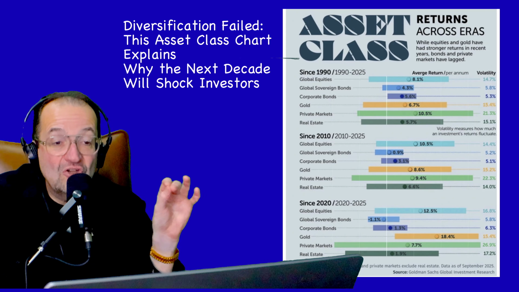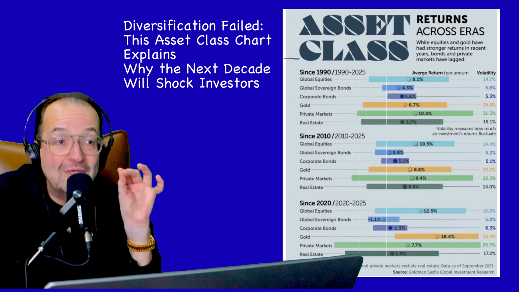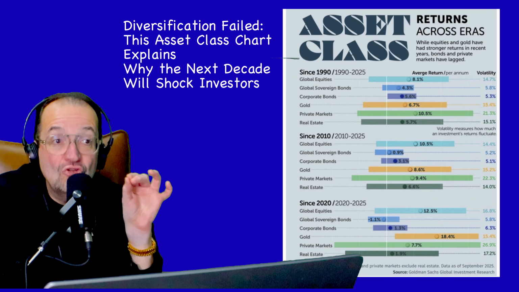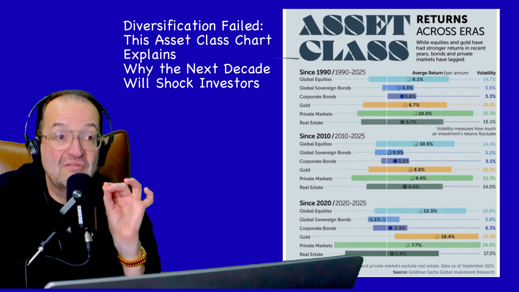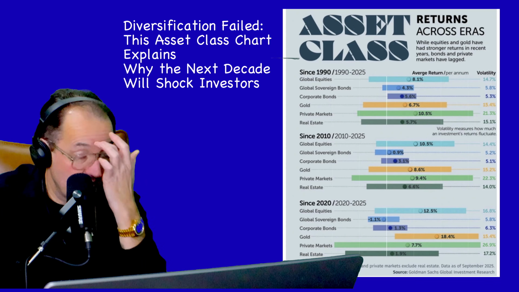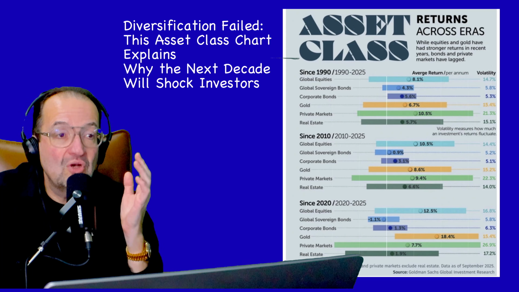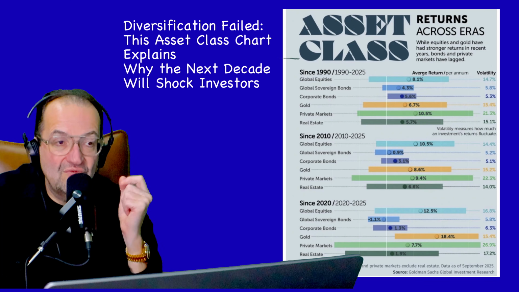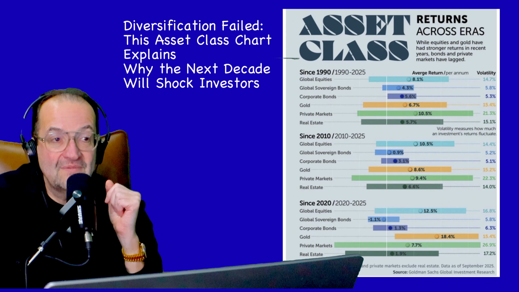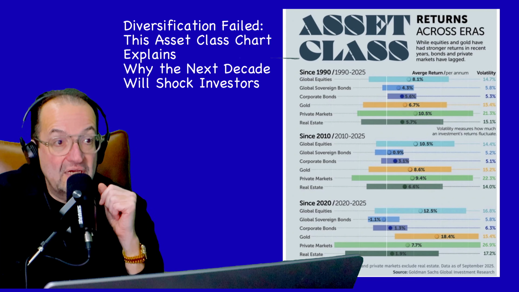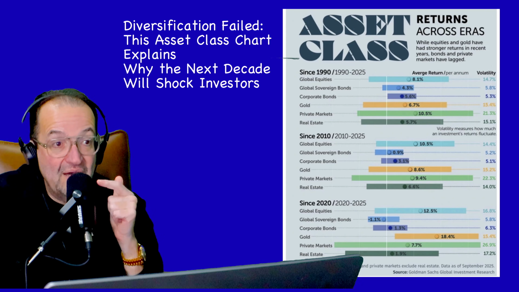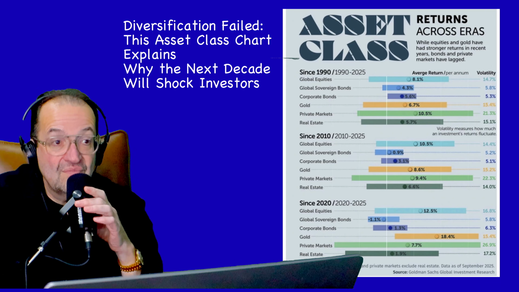Now let's take a look at the new era, 2010 to 2025. Here's where distortion begins. Look at global equities, 10% return, 15% volatility. This is not organic growth. This is QE, buybacks, and multiple expansion.